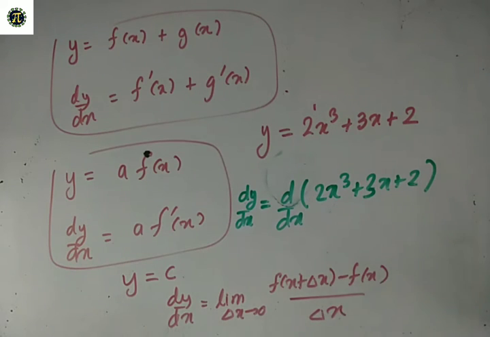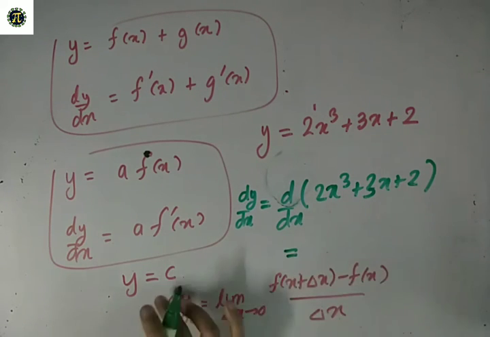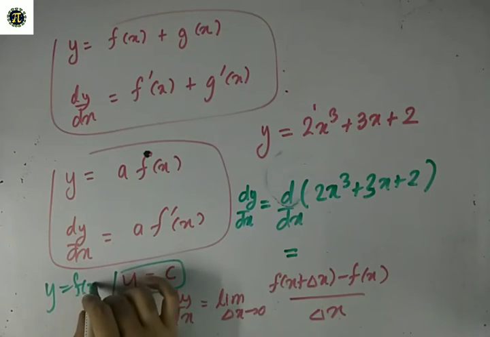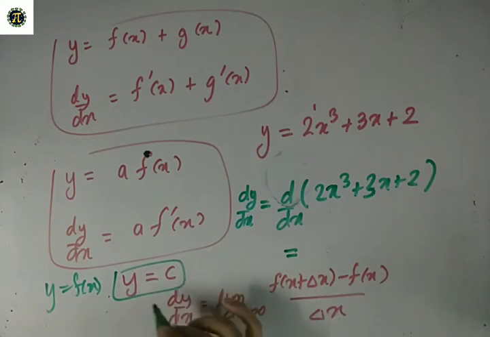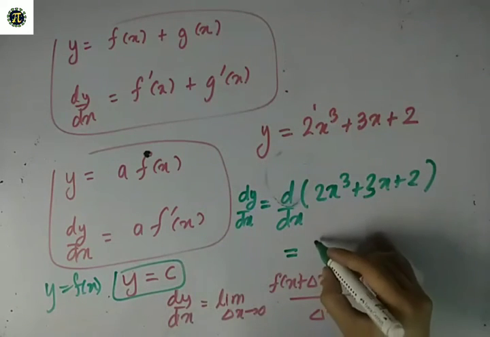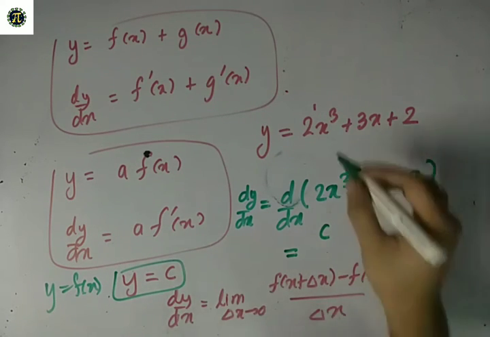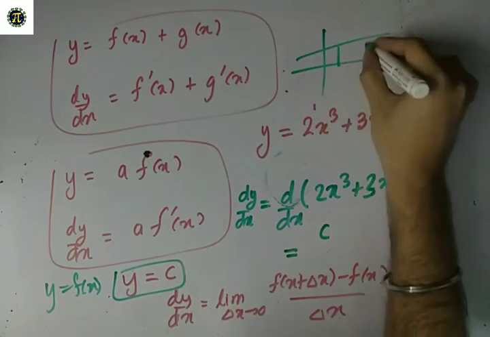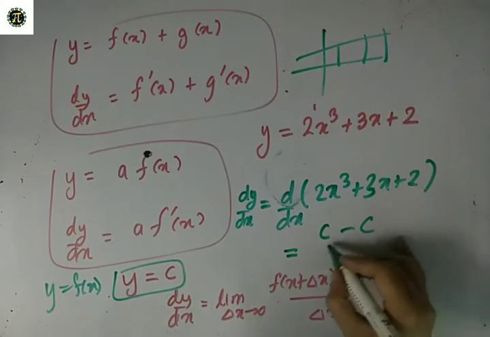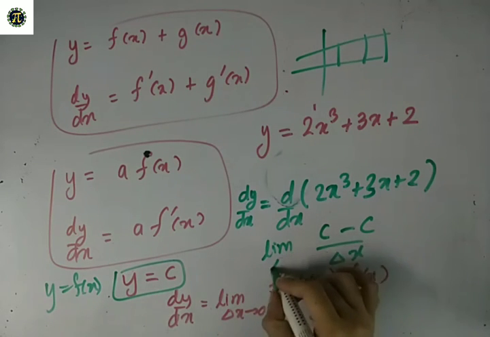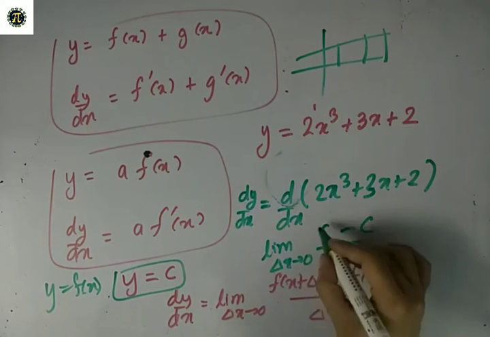So please see, this function has always the value c, the height 2 in that example. So I should write here c, because the function's value is always c at x or x plus delta x, or 2, or even infinity, because it is the same answer always, same height, minus c, by delta x. The limit is still not applied, and the c will cancel.